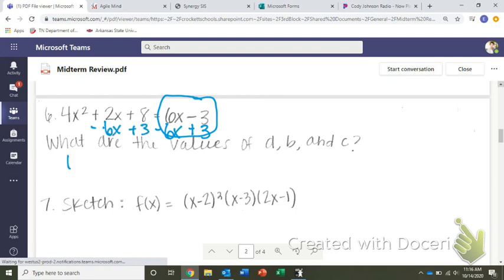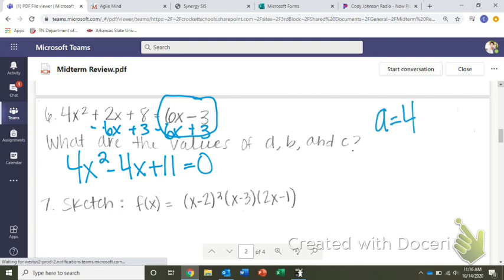Once we do that, we have 4x squared minus 4x plus 11 equals 0. So it asked me for my values. Well, A equals 4, B equals -4, and C equals 11.